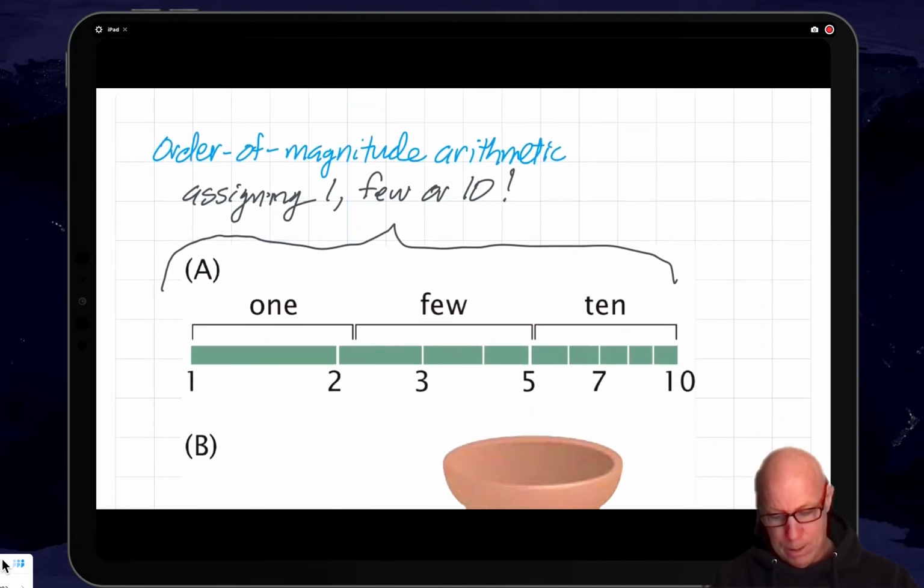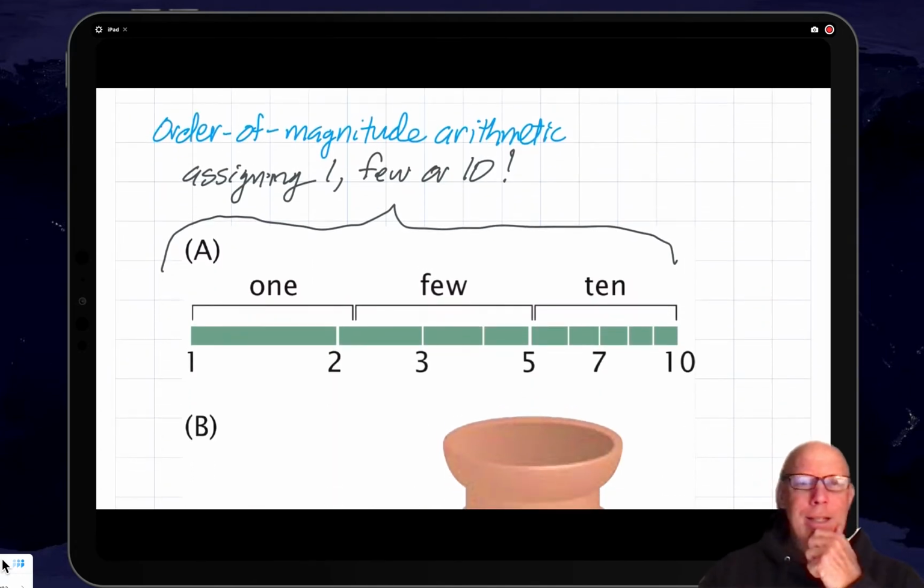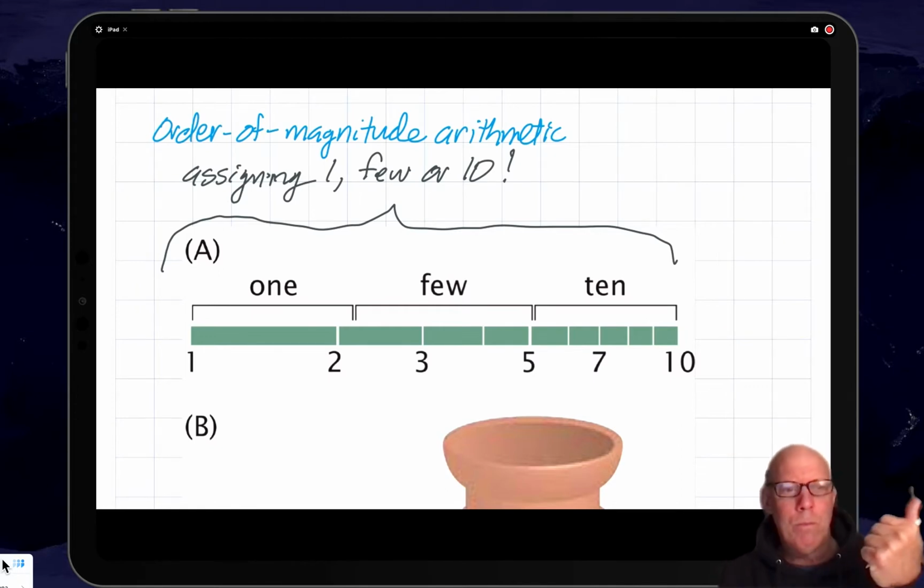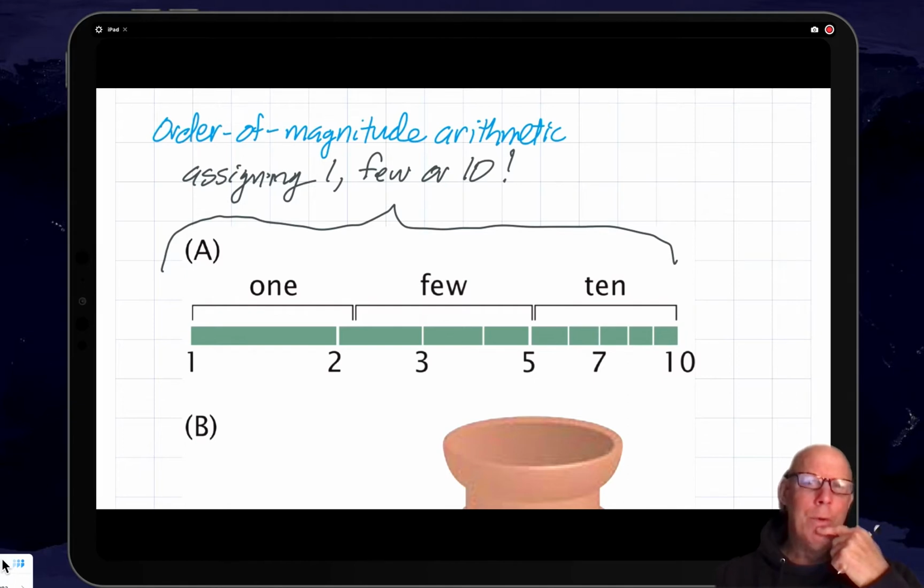So, when we're doing numerical estimates, I won't always succeed in this, but this is my aspiration anyway: numerical values I'm going to assign as either 1, or few, or 10. This chart gives you a sense of how we assign numbers.